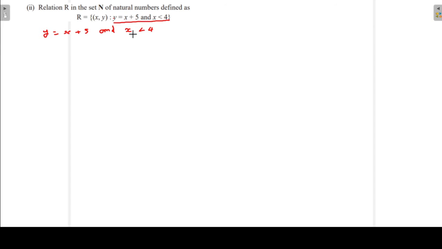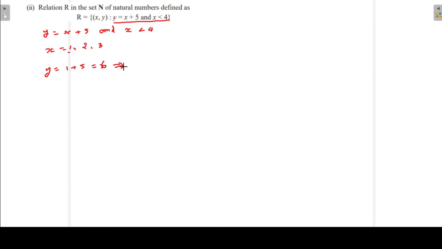So x is a natural number, and x takes the values less than 4, that is x equals 1, 2, 3. Then you find the corresponding y values. First x equals 1, y equals 1 plus 5 equals 6.